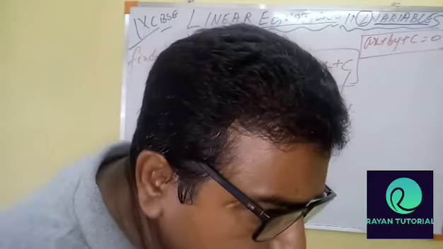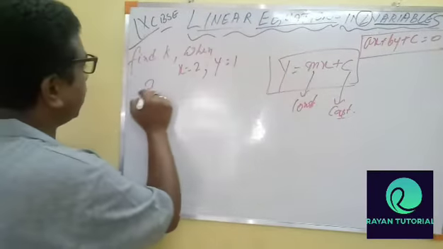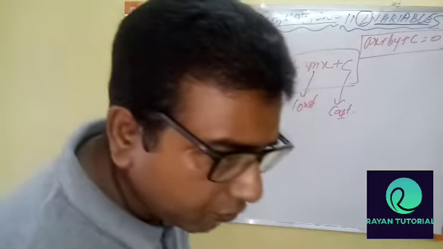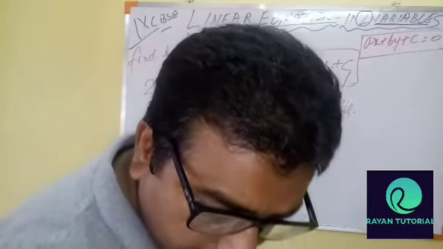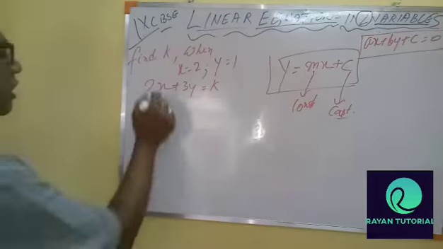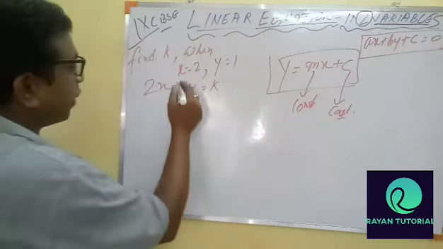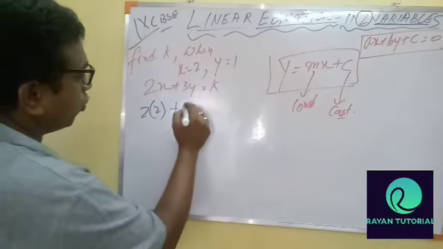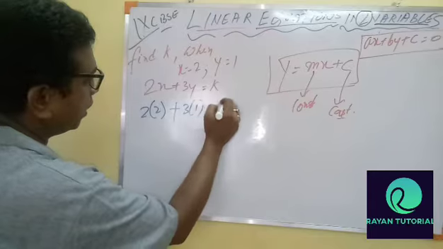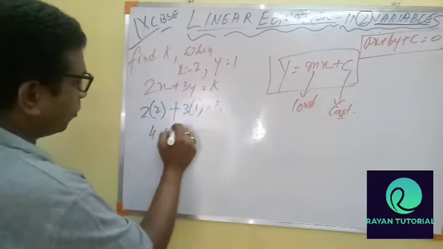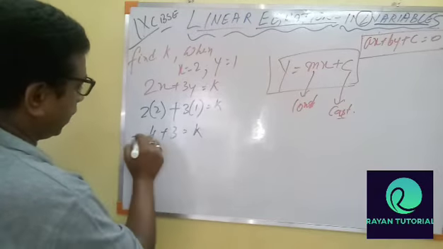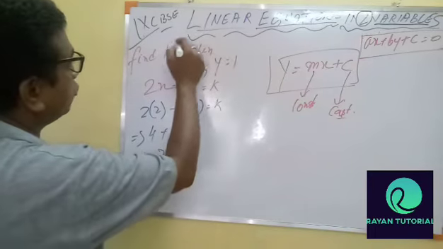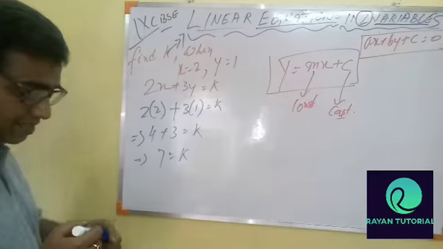What is the equation? 2x plus 3y equals to k. Very easy. Just put the values of x and y. So x equals to 2, that means 2 into 2. y equals to 1. That means 2 2s are 4 plus 3 equals to k. That means 7 is equal to k. So the value of k is equal to 7.